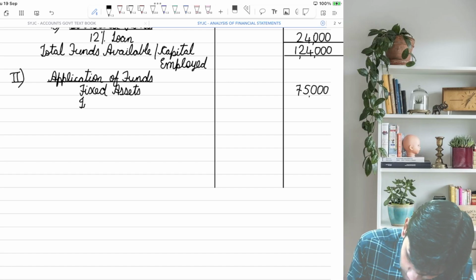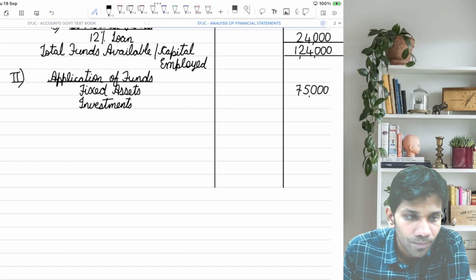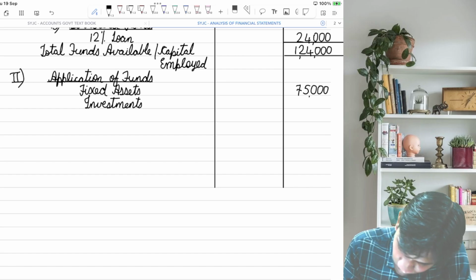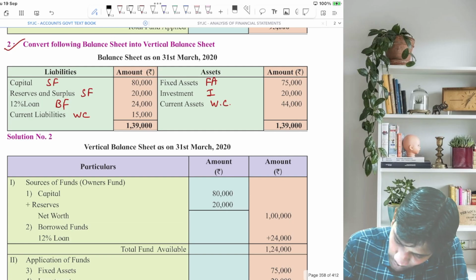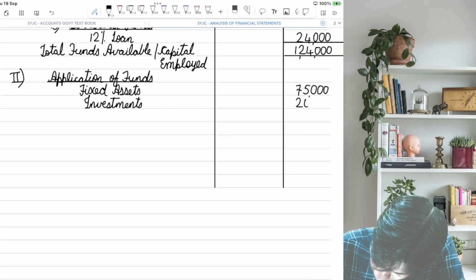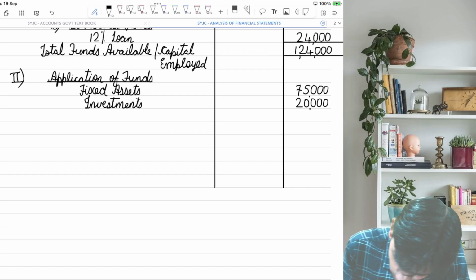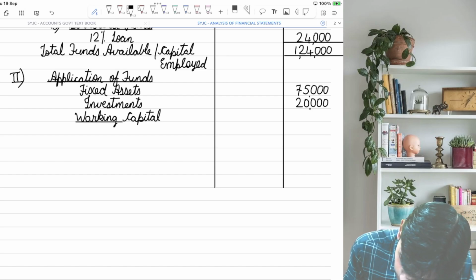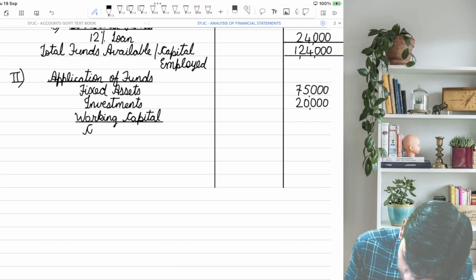Investments we have. Investments, how much we have? 20,000. And then we have working capital, which is nothing but current assets minus current liabilities.